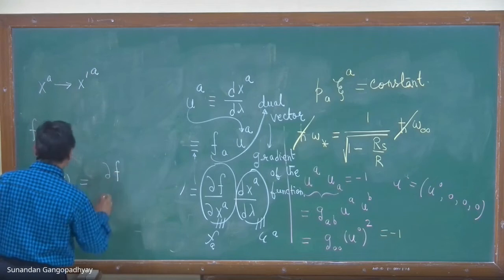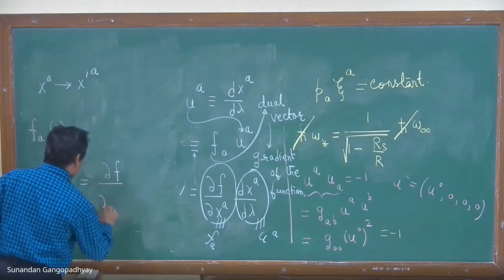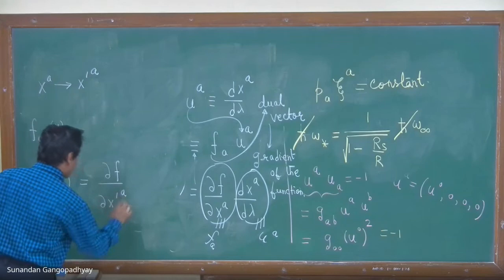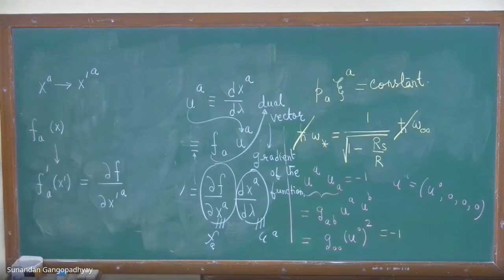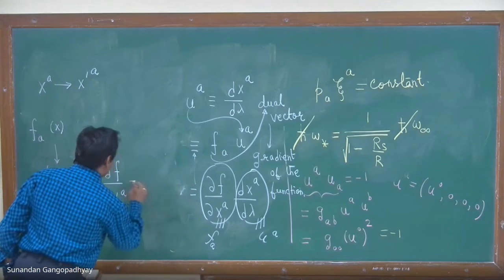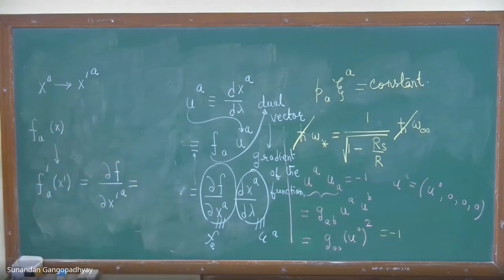So this will be just del f del x prime a. Now you just put the chain rule here.